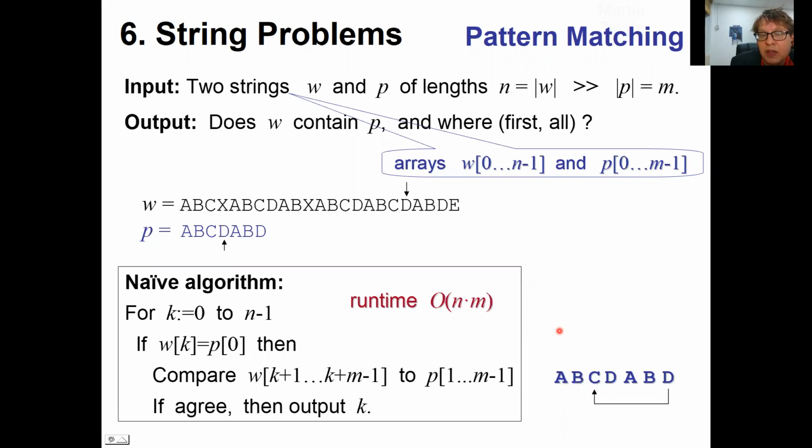We're going to look at the longest common substring problem separately later. But here, the idea is that if we've already compared A and found A, B in the search string, right?